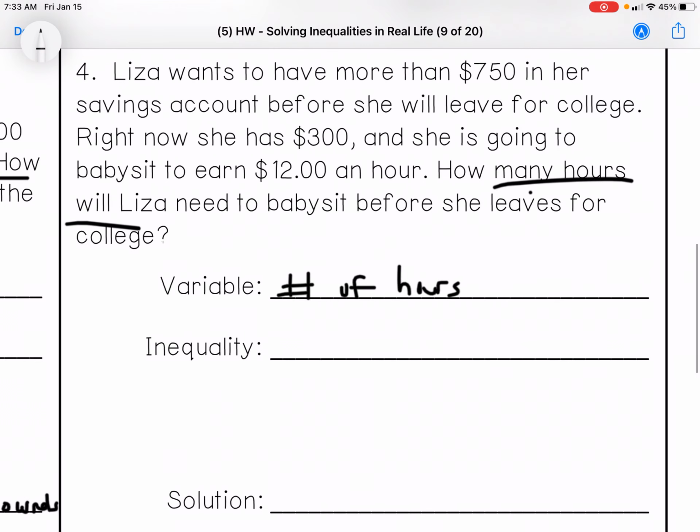She already has $300. So 300 plus 12 times x, that's $12 per hour. We don't know how many hours. It has to be greater than 750 because she wants to have more than, not equal to.